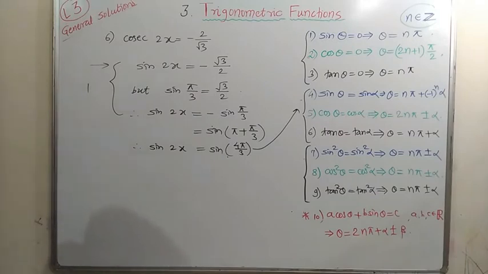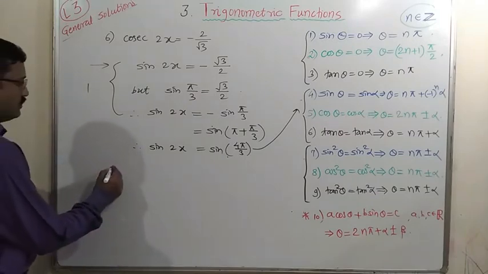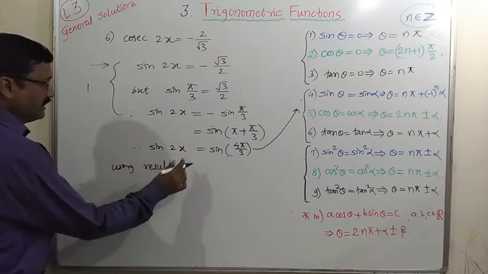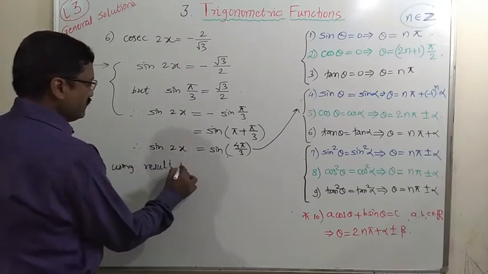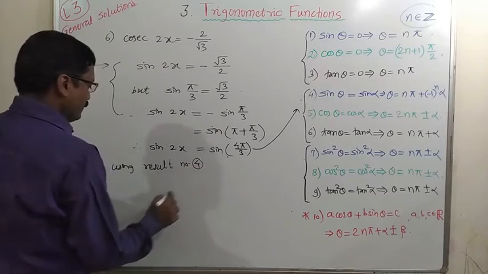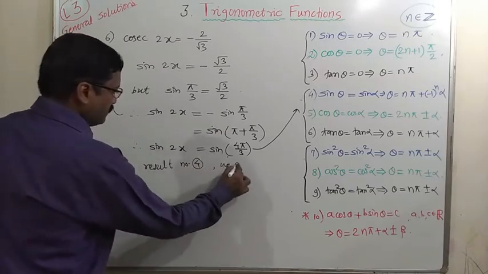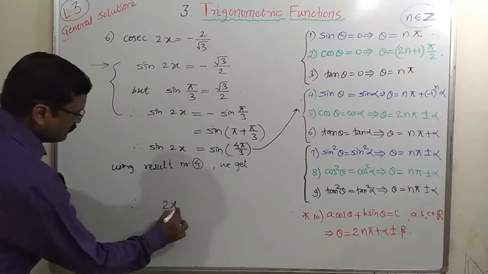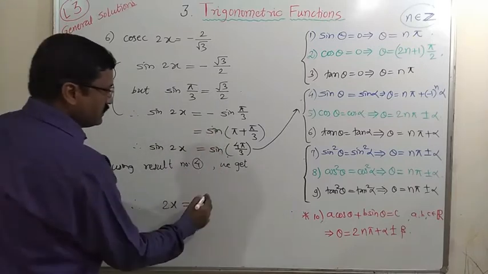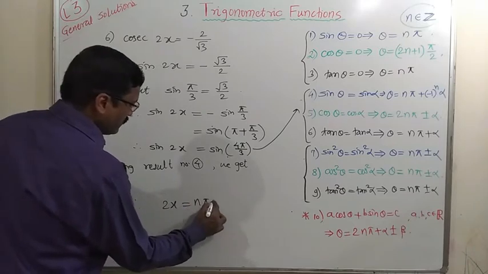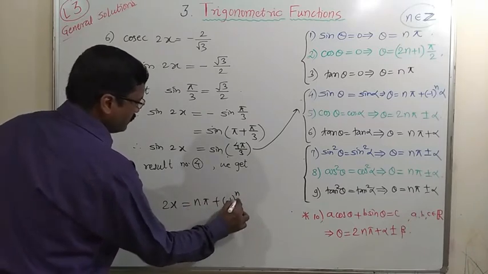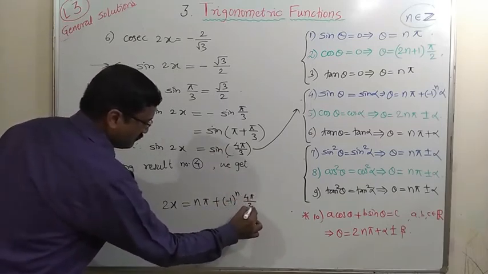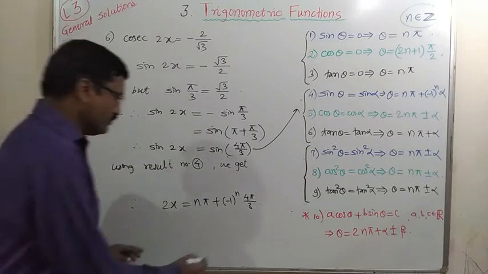So, using result number 4, we can write 2x equal to n pi plus minus 1 raised to n into alpha. Alpha is 4 pi by 3, where n belongs to integers.